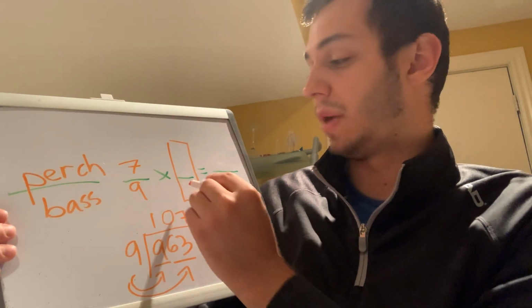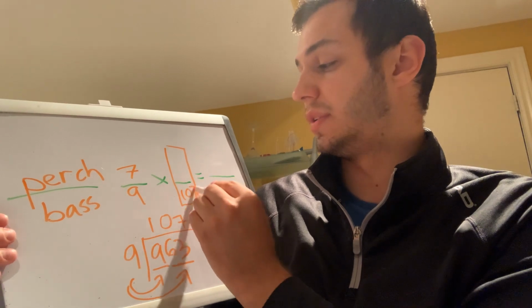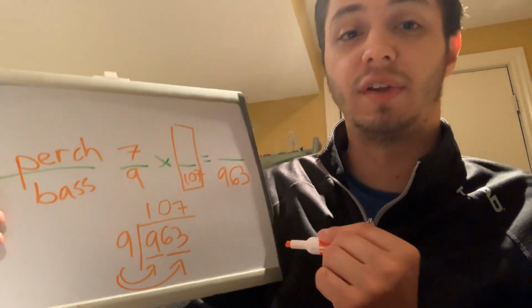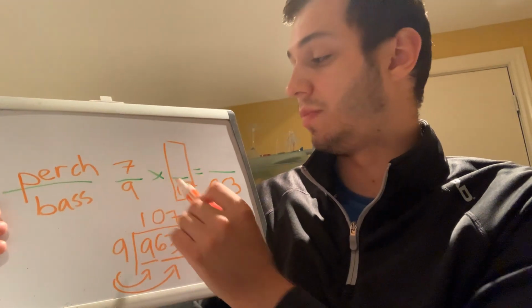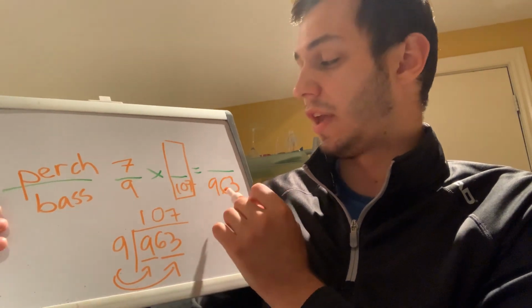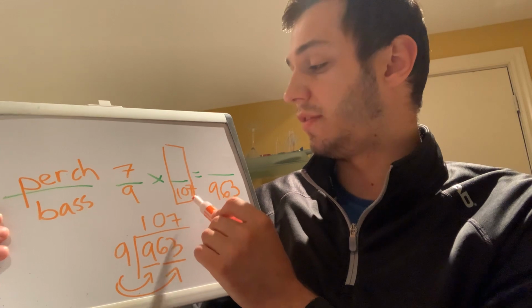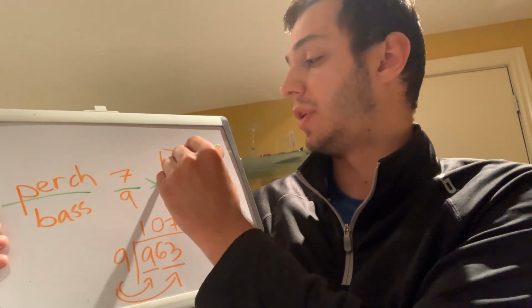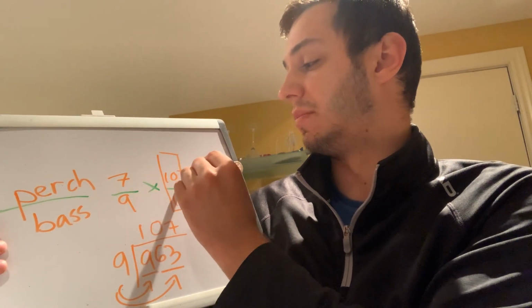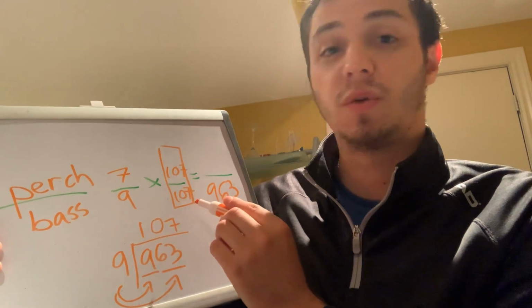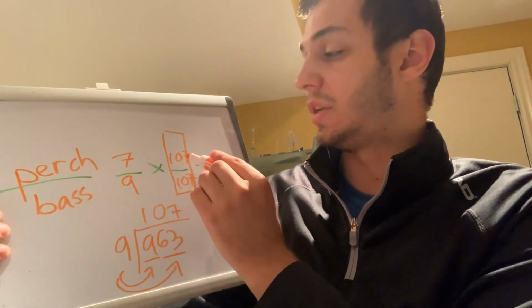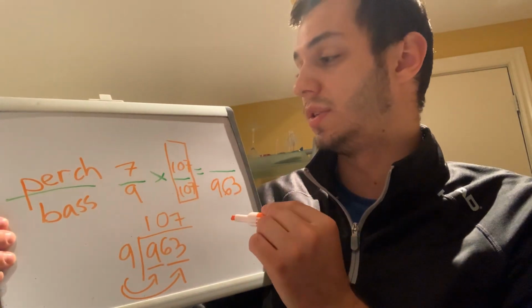So that means that my bottom number will be 107 in my equivalent fraction. Right? 9 multiplied by 107 gave us 963. So since this is an equivalent fraction, that means that my top number will be the same. So if my bottom number was 107, that means my top number is also 107.